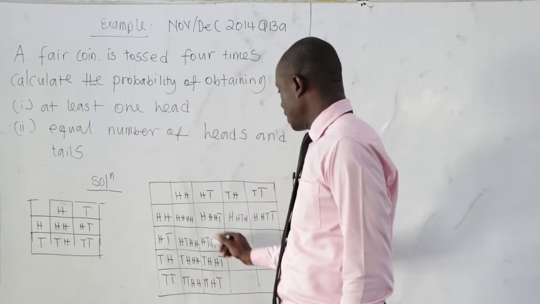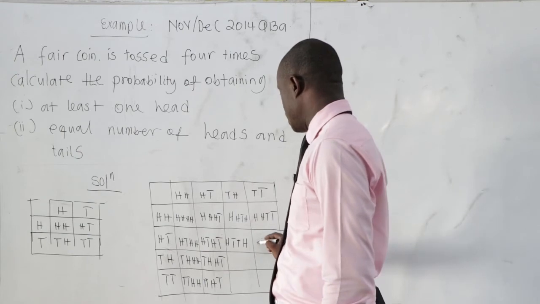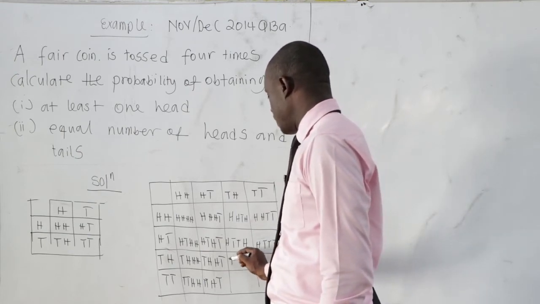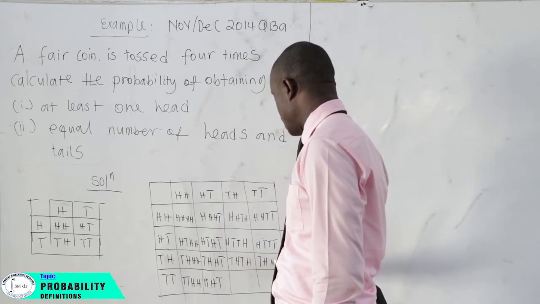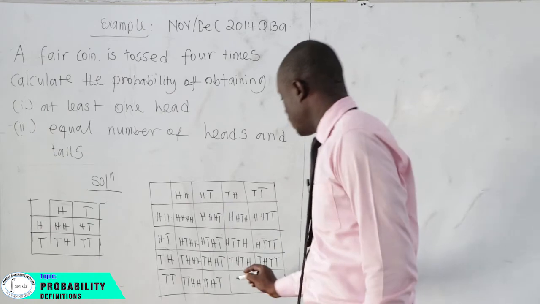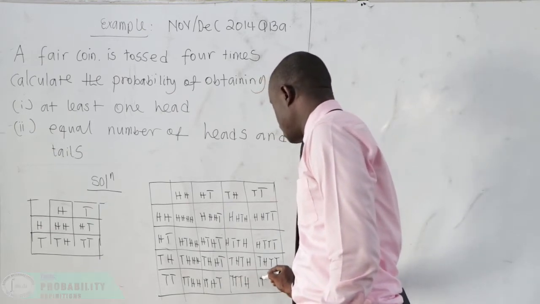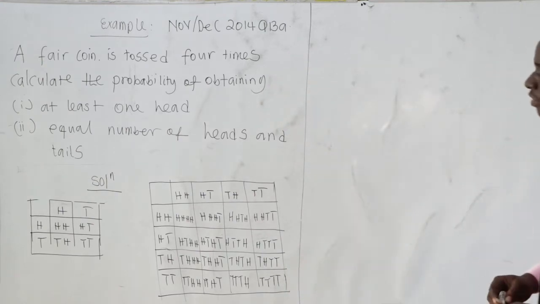Now this will be head, tail, tail, head, head, tail, tail, tail. We have tail, head, tail, head, tail, head, tail, tail. We have tail, tail, tail, head, tail, tail, tail, tail. We have 4 of them.